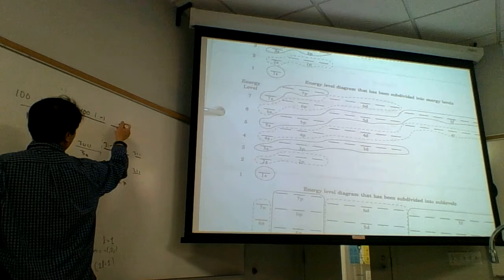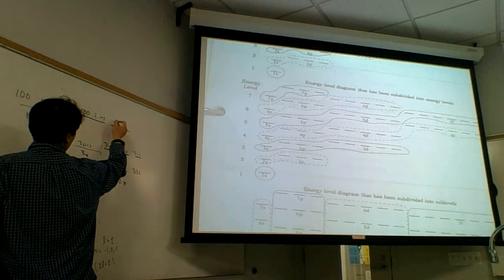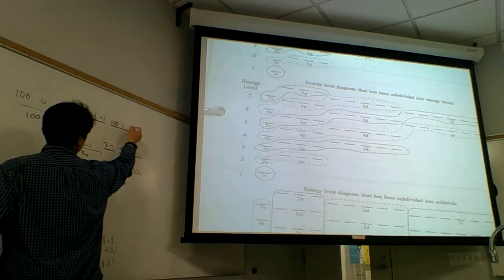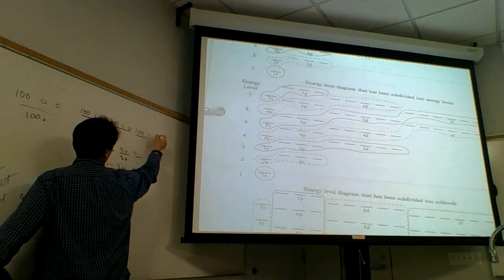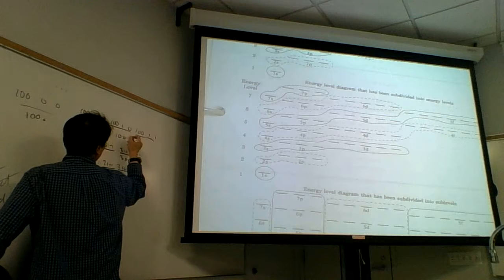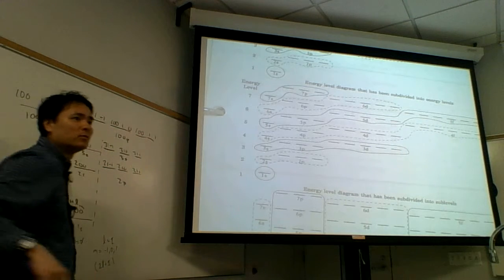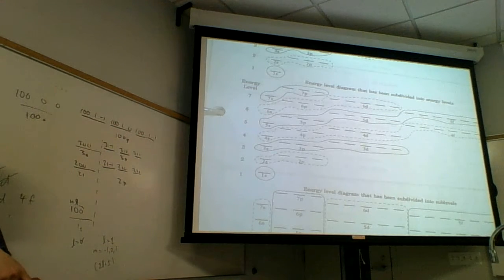What would come next? 100, 1, 0, and then the 100, 1, 1. These would be the 100p orbitals. And then what? 102, and then you go on all the way up to the 100.